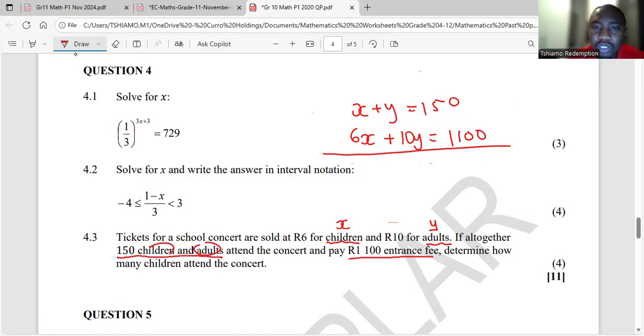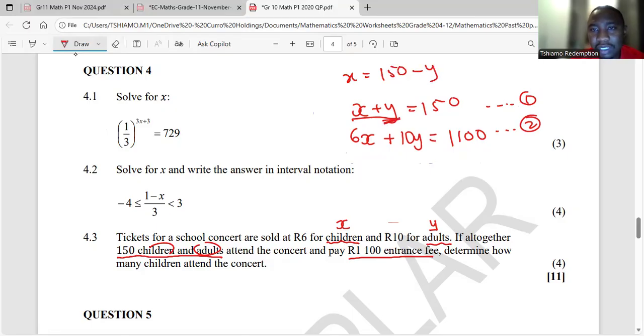So substitution method would make one of these the subject of the formula, substitute in the other equation to solve. Okay, I think rather let's do that one so that you get it. So I have equation 1, I have equation 2. So let me make x subject of the formula. So I have 150, move the y to that side, and then make it equation 3.